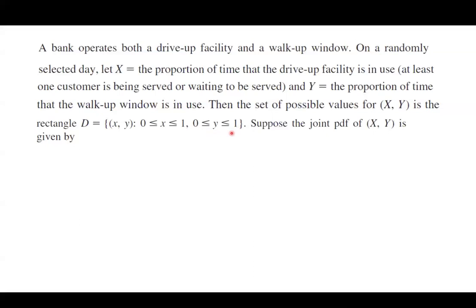Suppose that the joint probability density function of x and y is given to us as f of x and y. As long as you are in that rectangle, it is 6/5 (x plus y squared), otherwise it is 0.